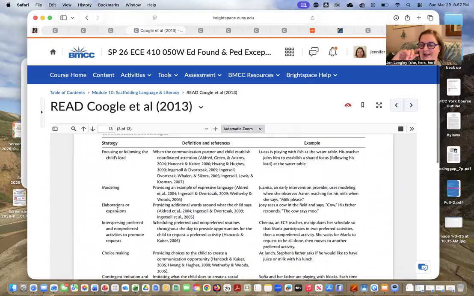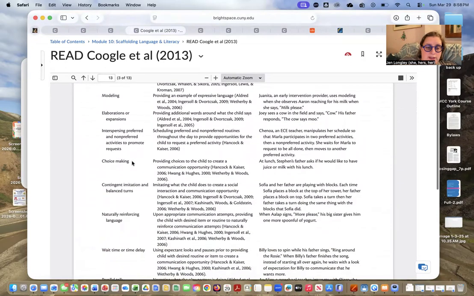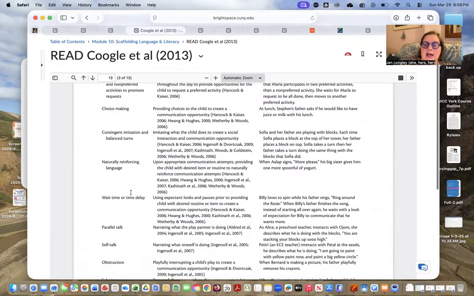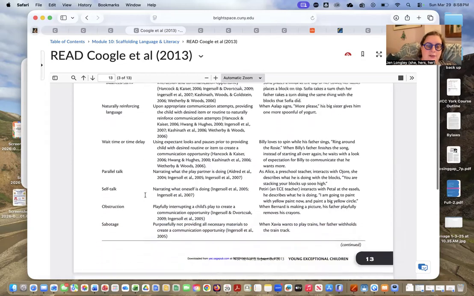Some of them are repeated between articles: interspersing preferred or non-preferred activities to promote requests, choice making, contingent imitation, and balanced turns. These are all scaffolds, right? Naturally reinforcing language, wait time, or time delay.